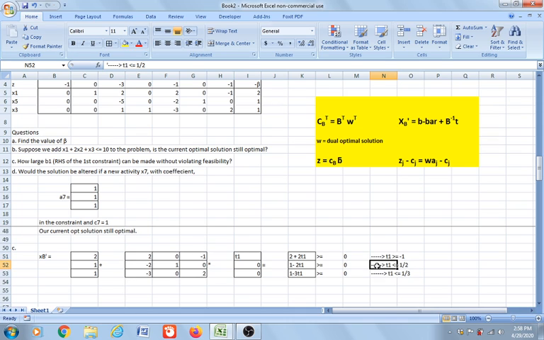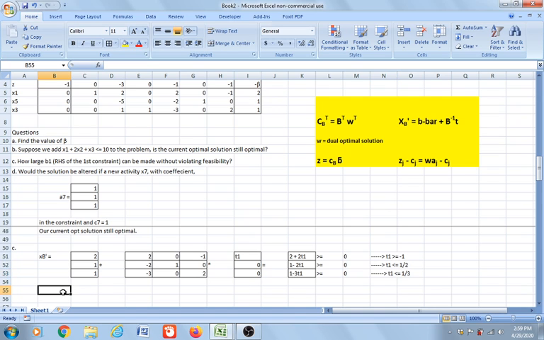From the second statement, we know that T1 must be less than or equal to a half. But the third constraint says that T1 must be less than or equal to 1 over 3. So from statements number 1, 2, and 3, we can conclude that T1 cannot be more than 1 over 3, because when we say that T1 must be less than or equal to a half, we will violate statement number 3.